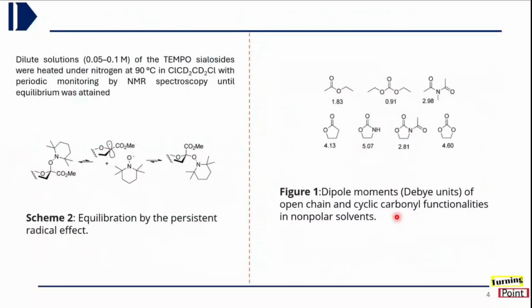They took the corresponding sialoside containing the TEMPO attached, and heated the solution at 90 degrees Celsius in C2D2Cl4 with periodic monitoring by NMR spectroscopy, waiting till equilibrium is attained.